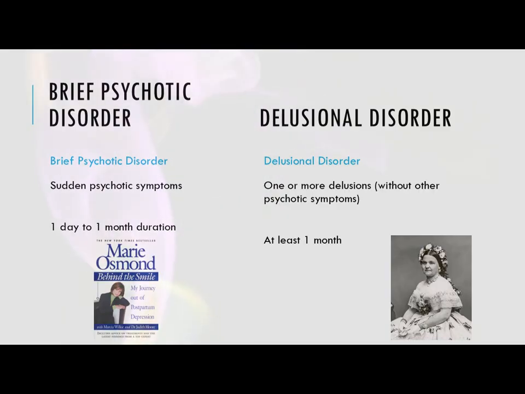Or jealous delusions. These are beliefs that one's partner is being unfaithful and there's no evidence of it. And so individuals with delusional disorders often maintain a relatively normal life outside of their delusion, which is a significant differentiator from other psychotic disorders that typically affect overall functioning more broadly.